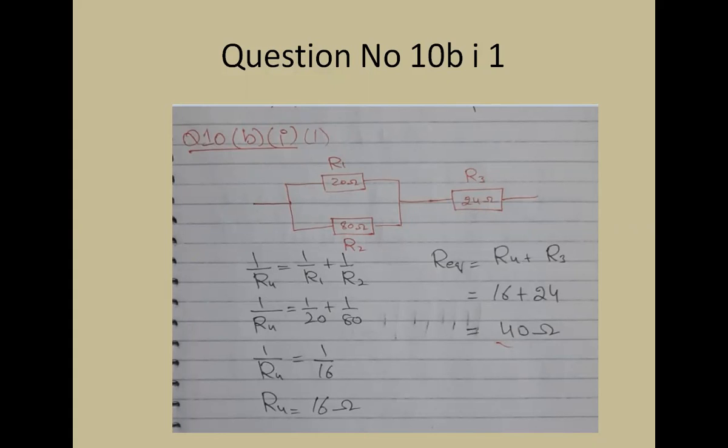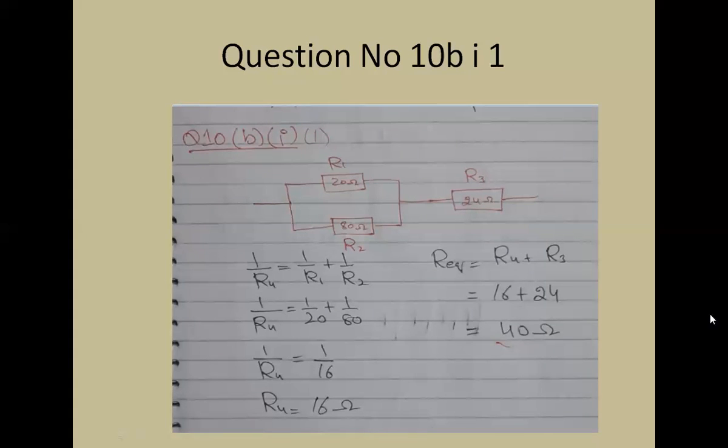In your calculator, you will enter 1 by 20 plus 1 by 80 equals, and your calculator will give your answer in decimal. Convert it into a fraction by pressing the ABC button or SD button on your calculator. If your calculator has an ABC button, just press that and it will convert the decimal into a simple fraction. So I will press that and I will get 1 by 16, and then I will cross multiply. So R4 will be 16 ohm.